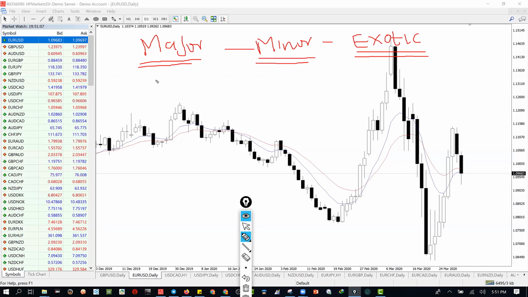On the brokerage firm I trade with, the spread on majors is not more than 3. Minor sometimes can be 5, maybe 4, 6. It all depends on the activeness of the market. If the market is not active, the spread tends to increase. We're going to discuss that in one of our classes.